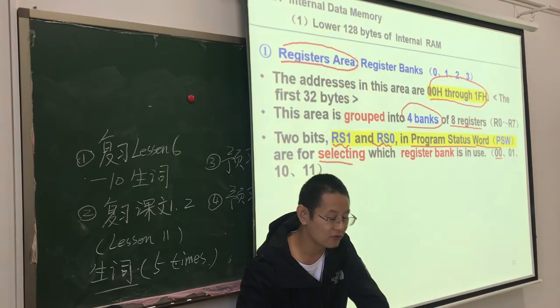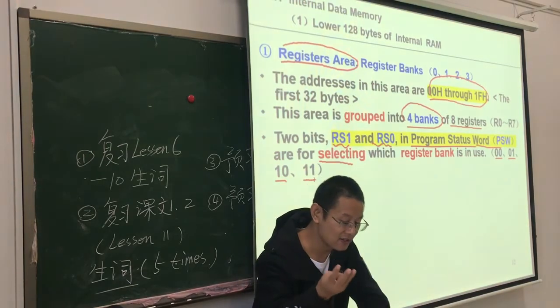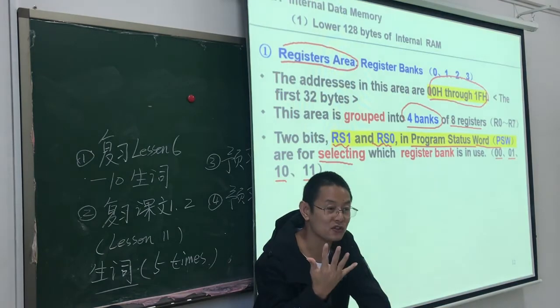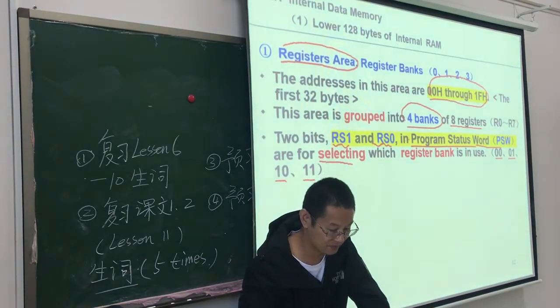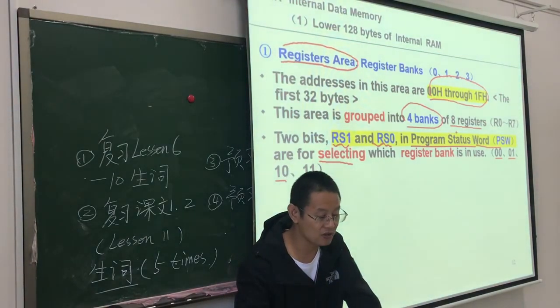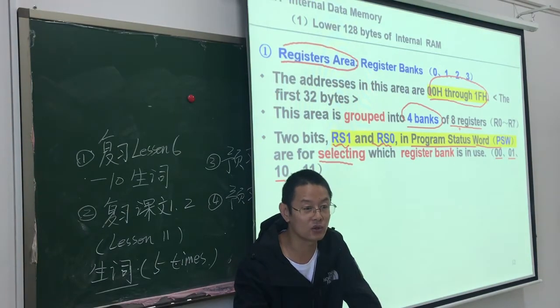00 is for bank 0. 01 is for bank 1. 10 is for bank 2. 11 is for bank 3. So there are 4 banks. Every bank has 8 registers, R0 to R7.